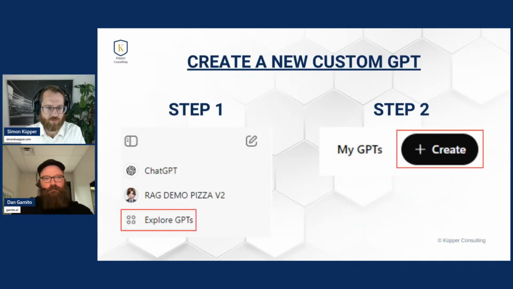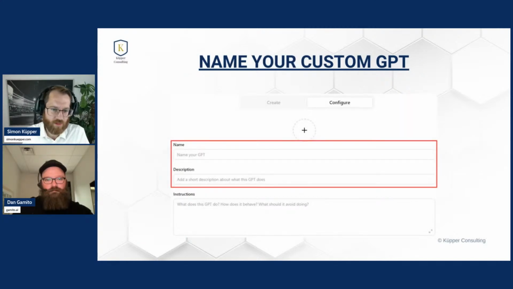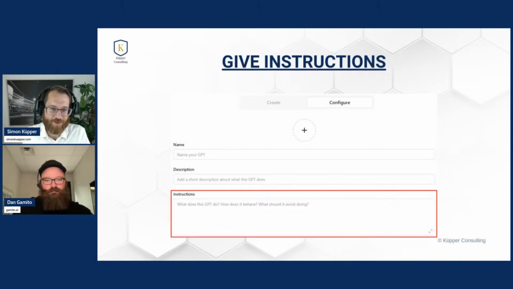Then go into ChatGPT, click on Explore GPTs, then create your new GPT, give it a name, a short description, and a better avatar than I did. And then, of course, the first very important part, the instructions.